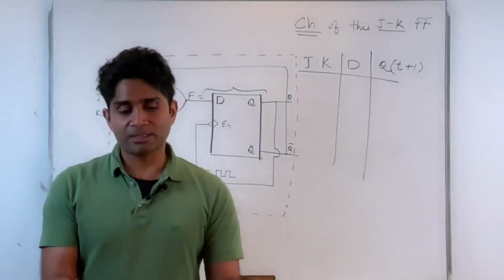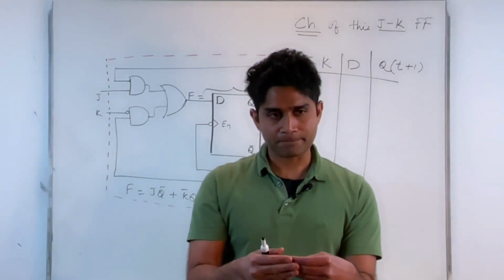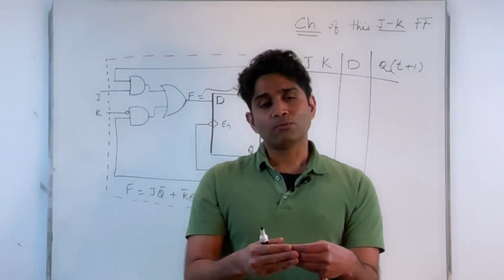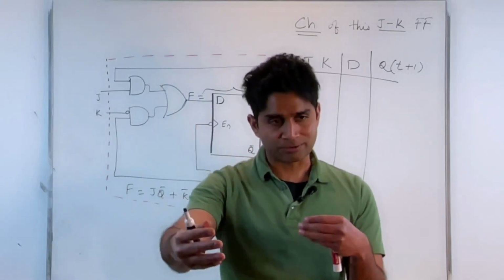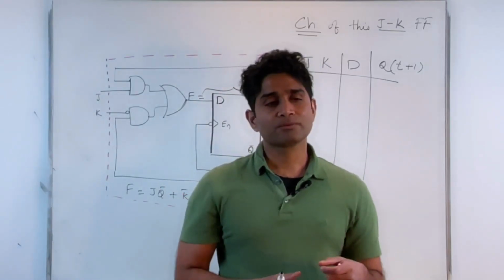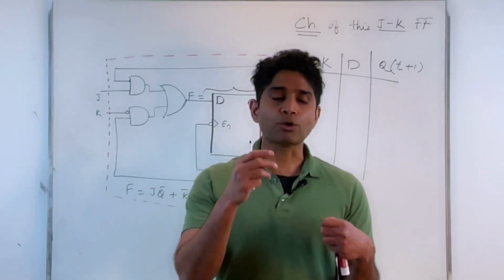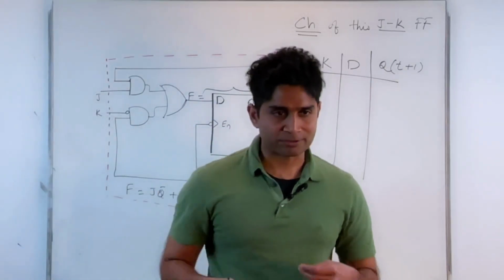What it means is, if I apply an input on my flip-flop, when the flip-flop gets triggered in the next triggering instance, how does the output of the flip-flop change given this input? So I'm always looking at what is happening in the next triggering instance.